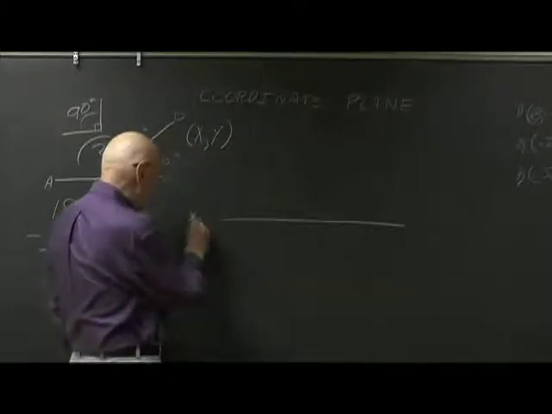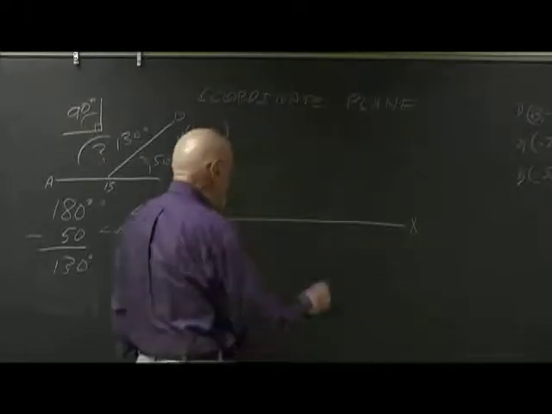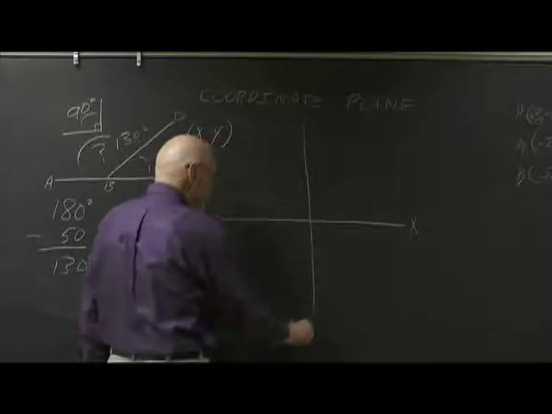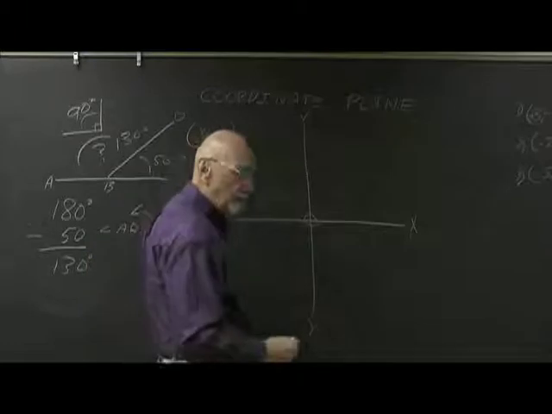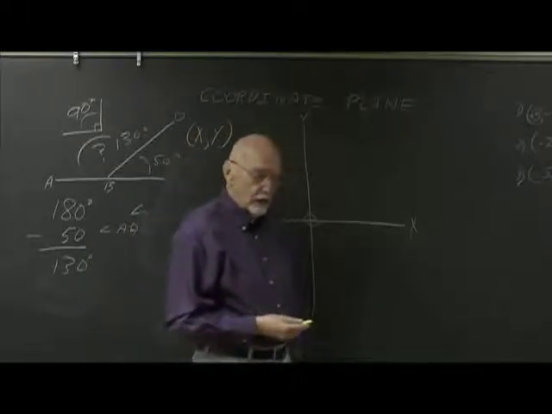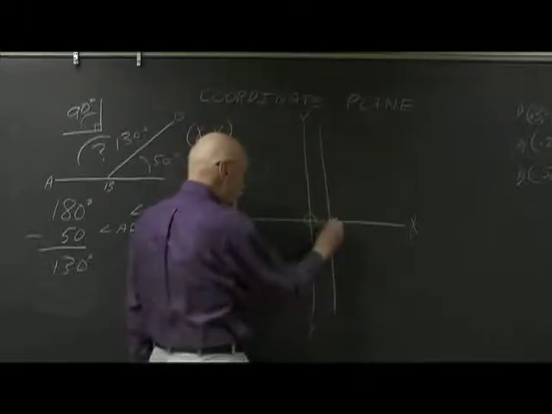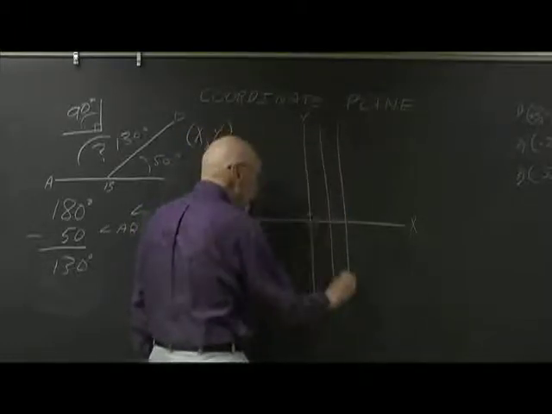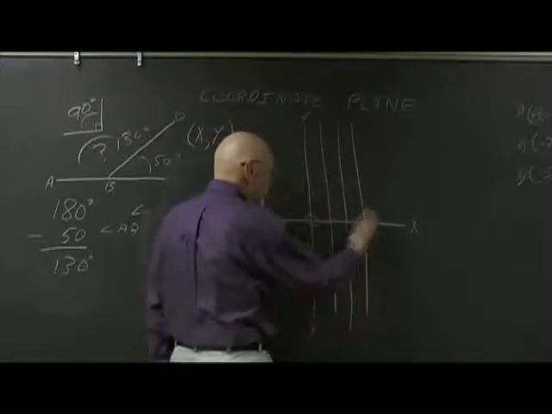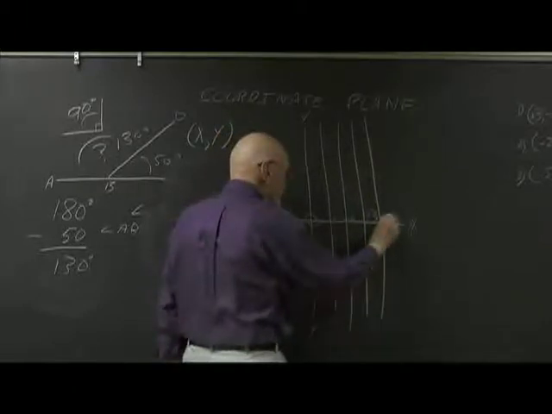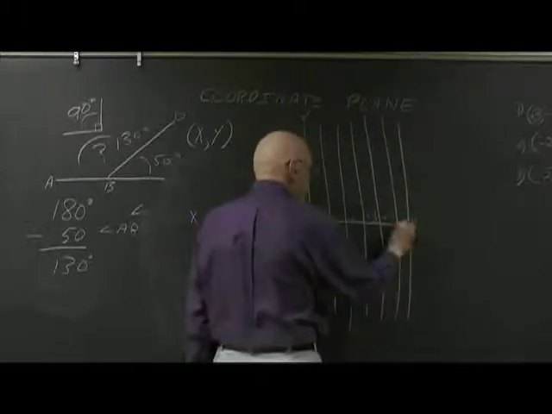This is the x-axis going this way. This is the y-axis coming this way. In the center is a 0. Going to the right on the x-axis, please draw +1, +2, +3, +4, and +5.